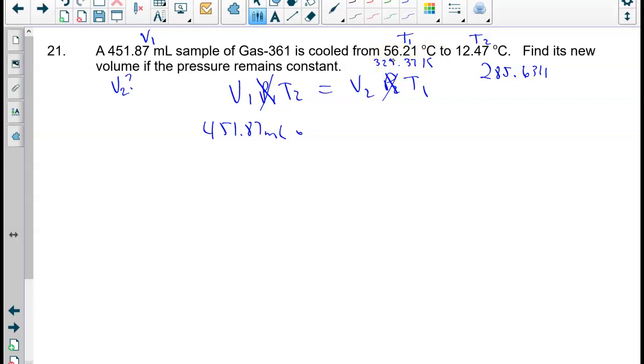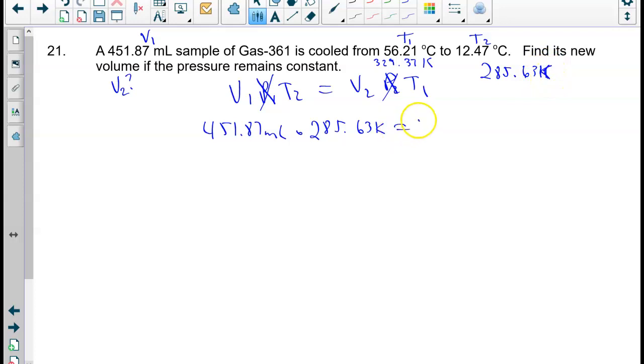So now I'm going to carefully plug in my T2, 285.63 Kelvin. This is supposed to be a K. My writing was too sloppy.